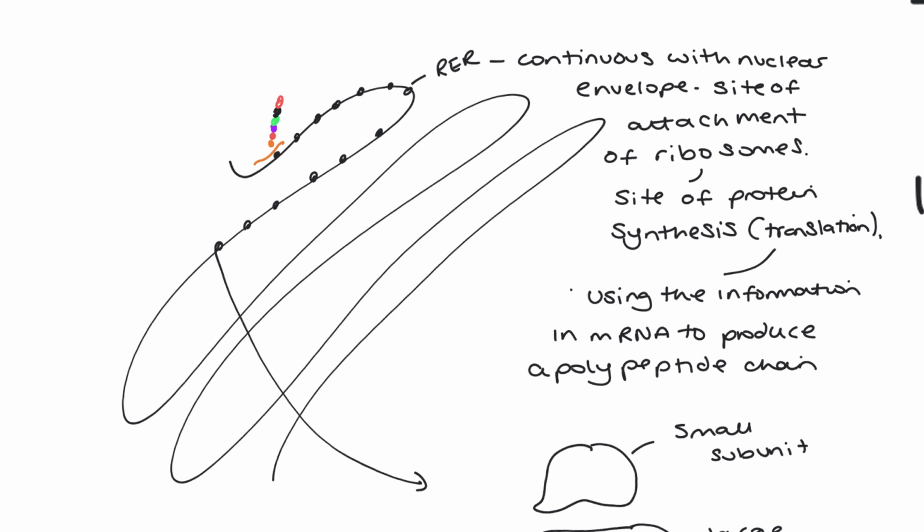This mRNA strand moves through one ribosome and then enters the next ribosome. And as it enters the next ribosome, that ribosome starts to read it, and as it starts to read it, it produces another strand of amino acids, the same polypeptide chain again. And this happens over and over again.